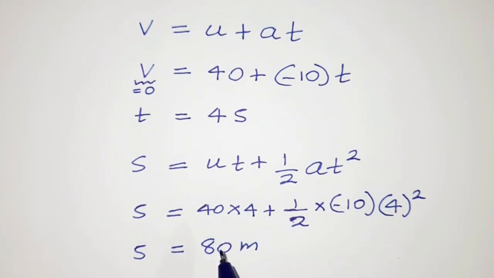So we obtain that the displacement the car would travel or skid after applying brakes to come to a complete stop after seeing the barrier is equal to 80 meters.